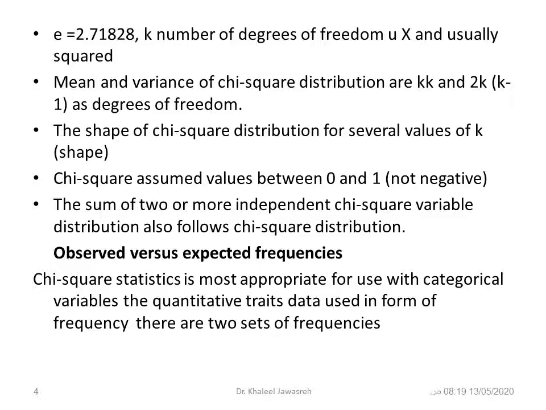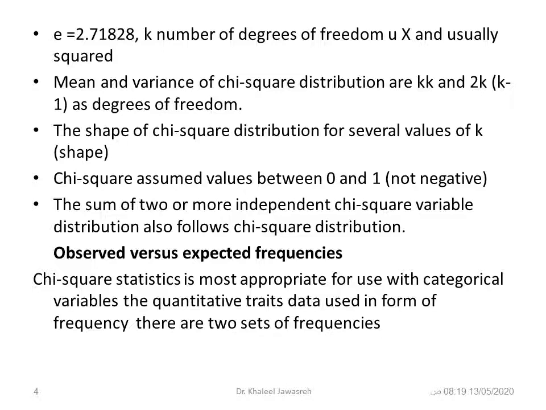I told you that we cannot use it for quantitative traits or variables, except in one case, by converting the quantitative traits to categorical data or to frequencies. In this case, it can be used as a chi-square case.